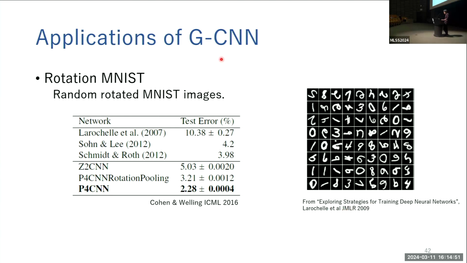And we apply a rotation-equivariant convolutional neural network. This is the first paper that proposes the G convolutional neural network, and they apply P4, which is the shift and the 90-degree rotations. You can see the comparison with the standard CNN here, and the G-CNN.